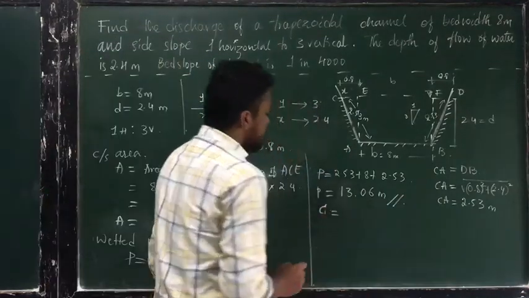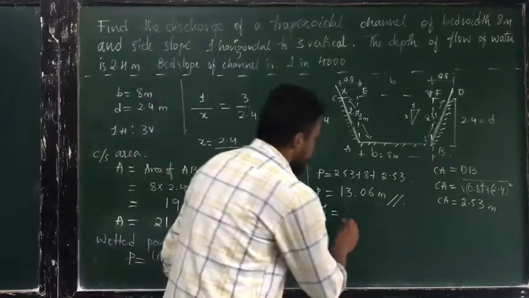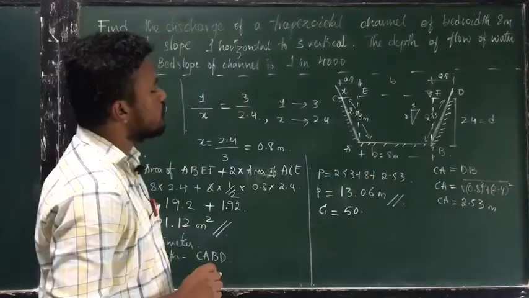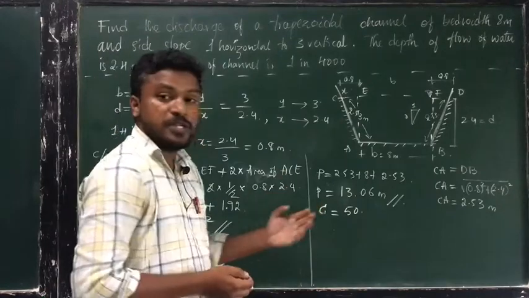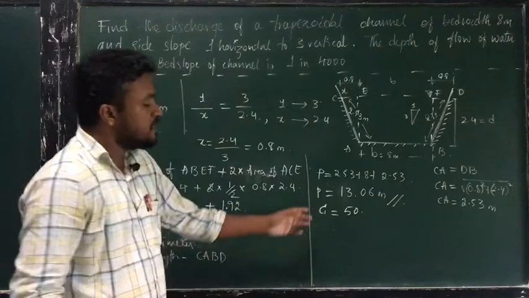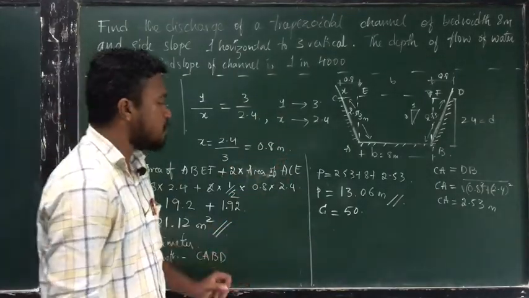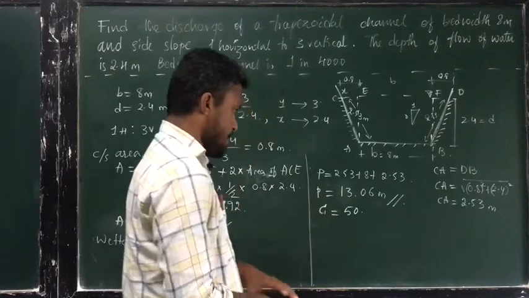Chezy's constant C, if it is not given in the question, then take C as 50. Chezy's constant, which is also an indicator of smoothness in the channel, just assume it as 50. Otherwise, it will be given in the question.